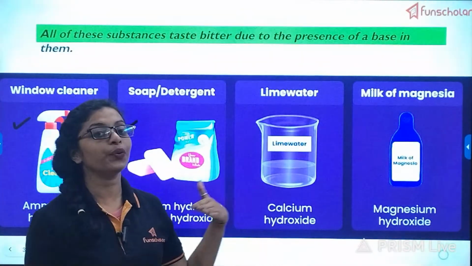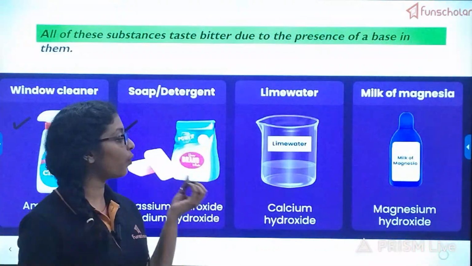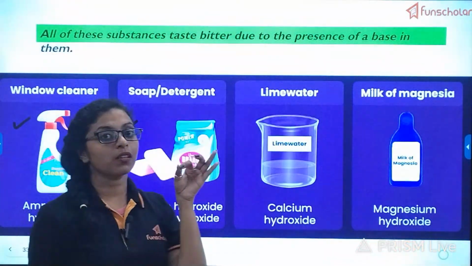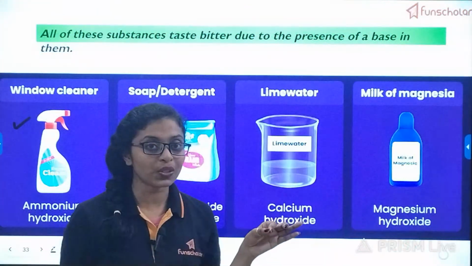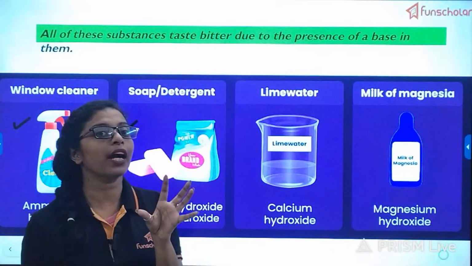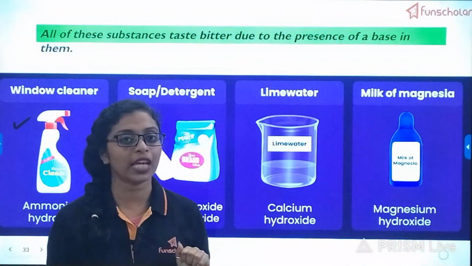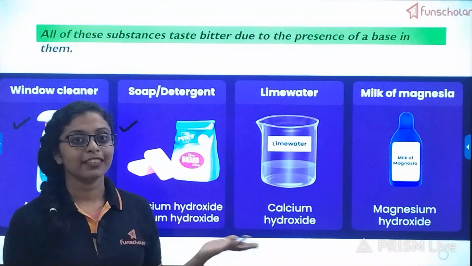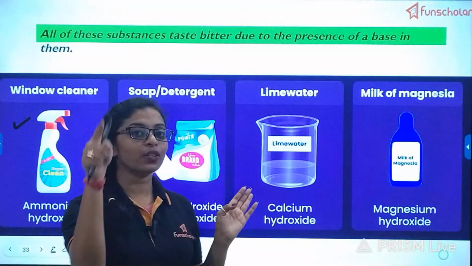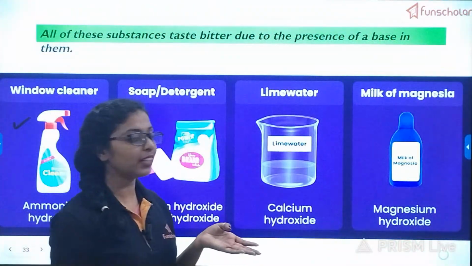Do you remember what will happen if you mix a little carbon dioxide with calcium hydroxide? Some kind of gas will evolve, which gas will it be? That question is also there for you to answer in the comment section.